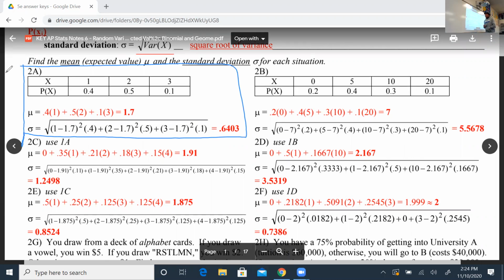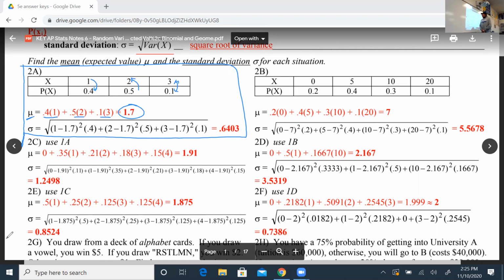On 2A, if we find the mean, remember that's called mu, I'm going to take each individual probability and multiply it by x. So I'm going to multiply these two numbers together and then add them up. And you see that here in red. So the average of this table in 1A is 1.7.